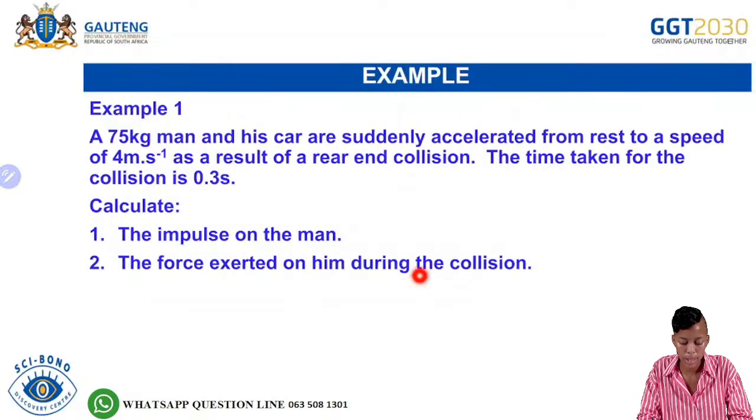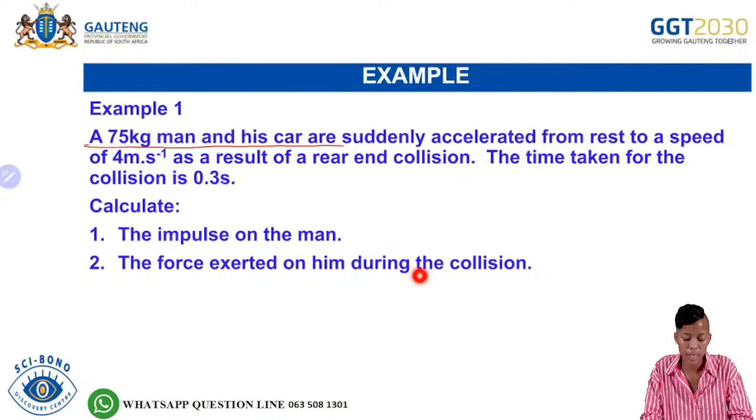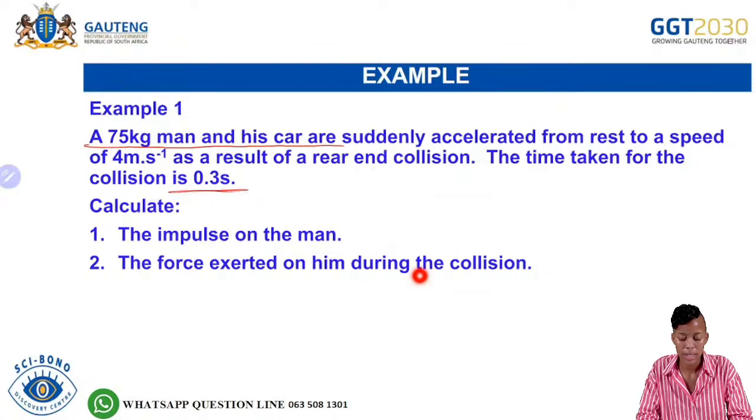As an example here, it says a 75 kilogram man and his car are suddenly accelerated from rest to a speed of 4 meters per second as a result of a rear end collision. The time taken for the collision is therefore 0.3 seconds.